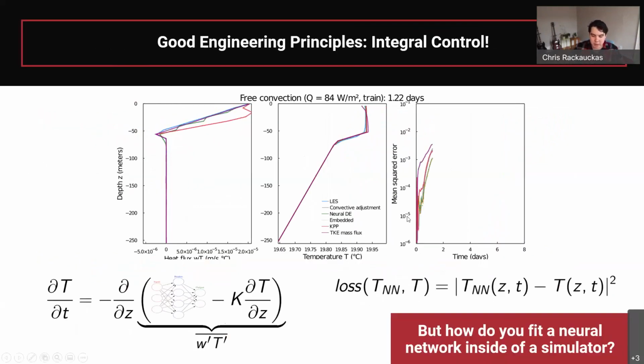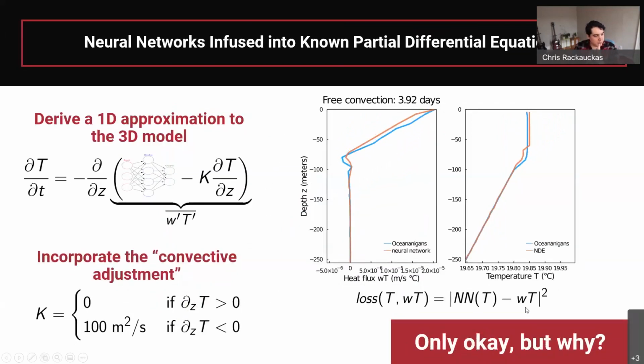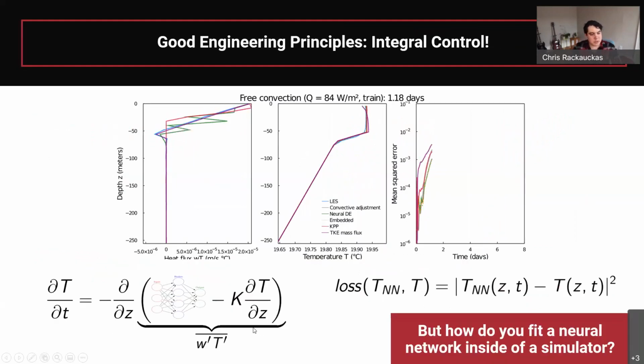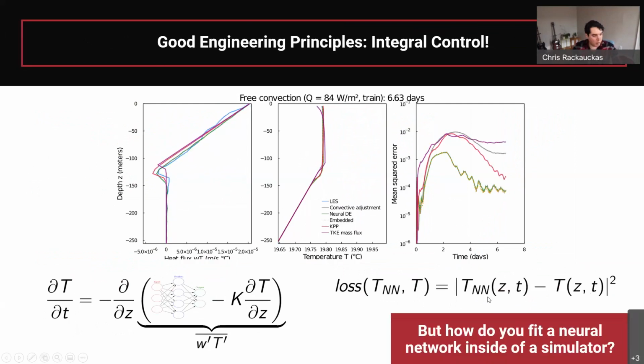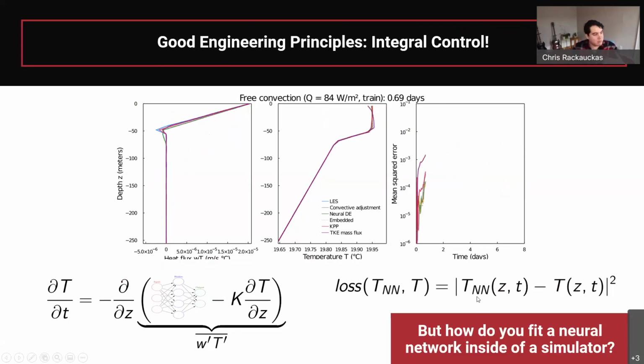Instead of taking the heat flux or the derivative at each time point and matching that to the neural network, what if we solve the differential equation with a given neural network and then check the loss of the solution against the three-dimensional solution? So now instead of looking at the loss function in the derivative sense, we're looking at the loss function in the solution sense, on the solution of the differential equation.